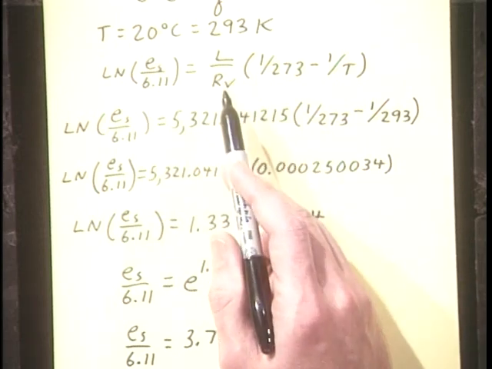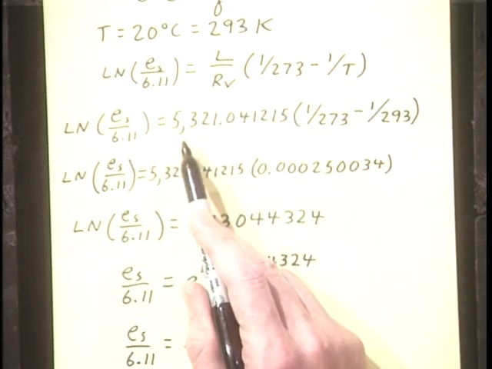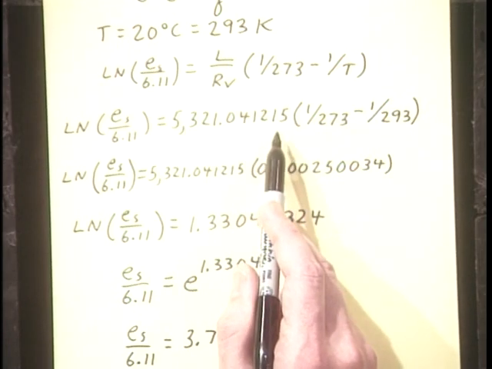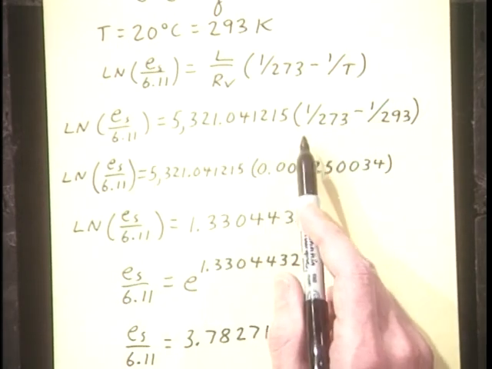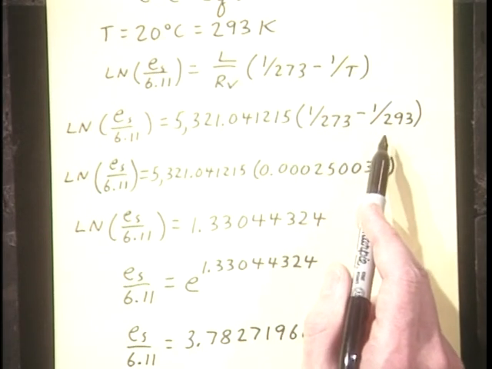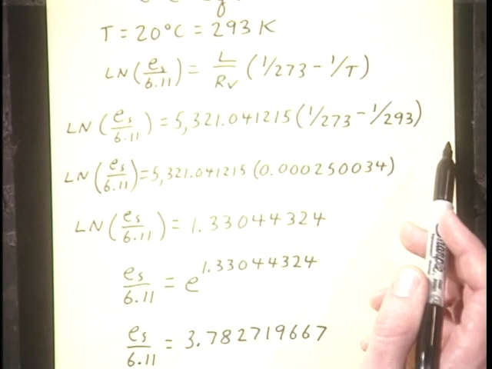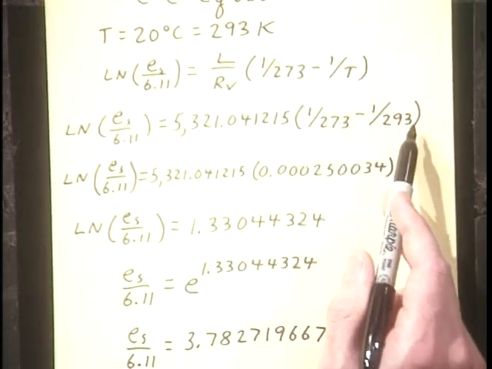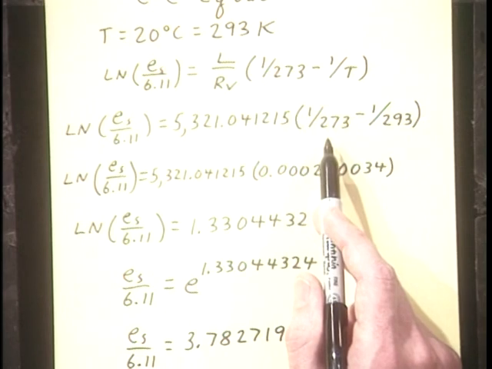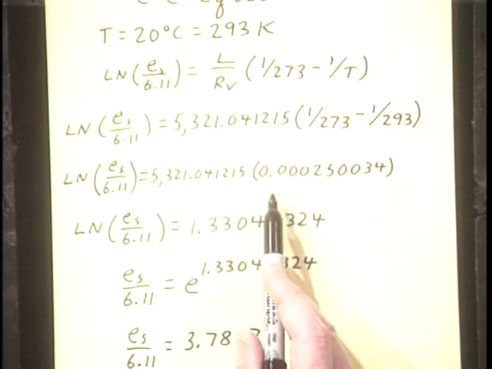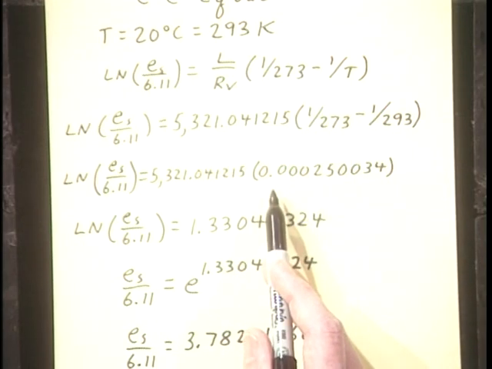As I mentioned, the L over RV value is equal to 5,321.041215, and that's multiplied by 1 divided by 273 minus 1 divided by 293. The 1 divided by 273 minus 1 divided by 293 comes out to the number that's given here, a fairly small number.